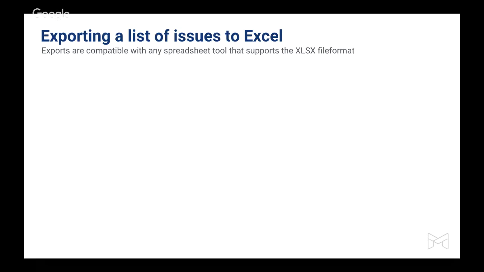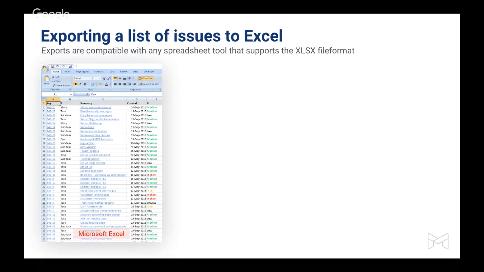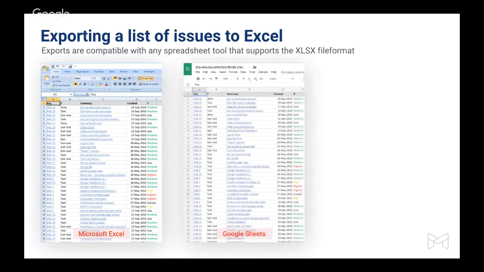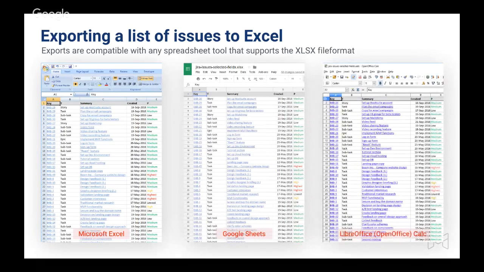And since you're getting a standard XLS file as export output, it also means that the file will be fully compatible with all popular spreadsheet software out there. When you're opening it with Google Sheets or OpenOffice or Numbers on Mac, it will just work.